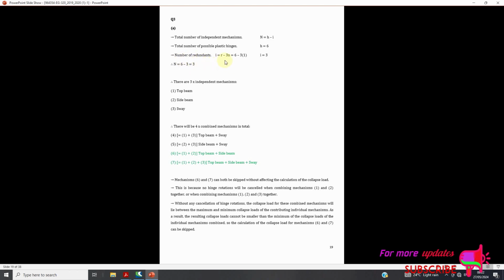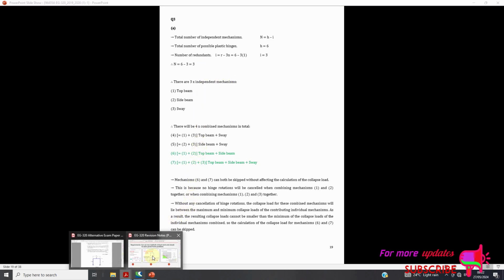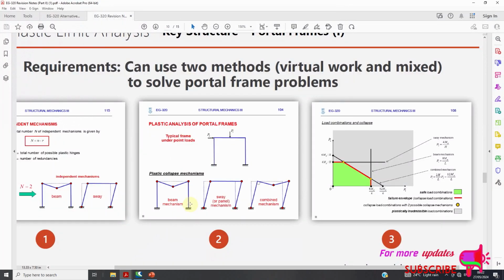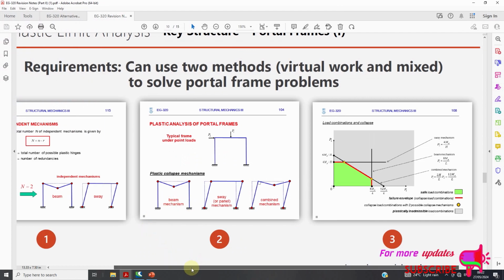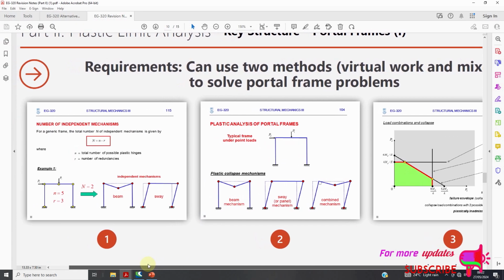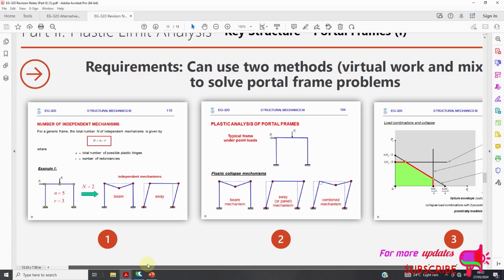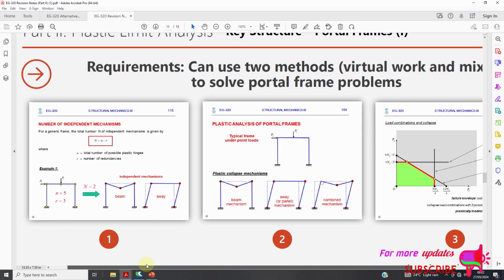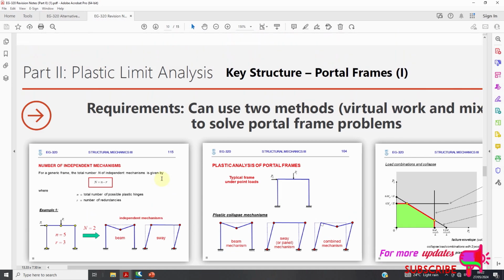The number of redundancies will be equal to r, which is given by the formula r equals 3n minus n. So let's go back to the notes.